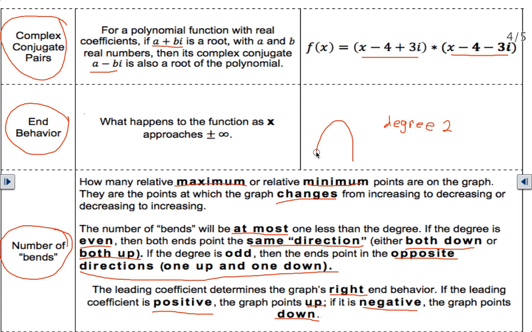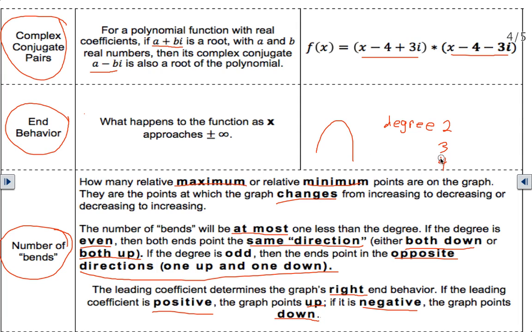So if my degree is 2, or if I had a quadratic equation, I will have 1 bend. If my degree was 3, then I can have at most 2 bends. If my degree is 4, then I could have at most 3 bends. So you're just subtracting one from the degree to figure out how many curves there are on the equation.